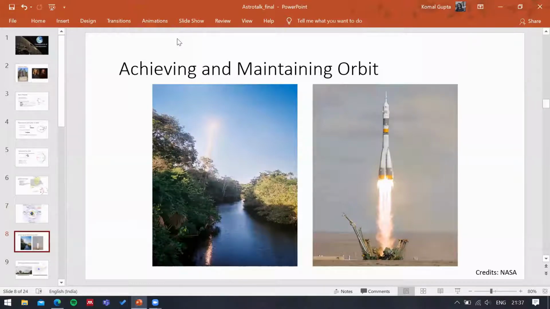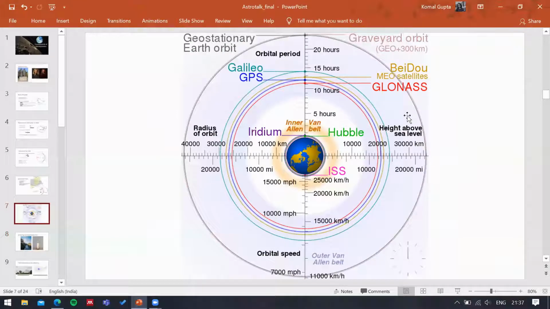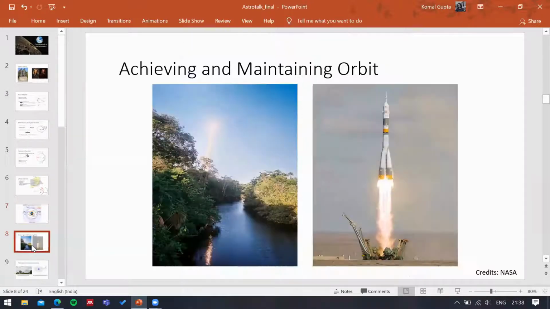It also depends on the altitude and the inclination of the desired orbit. High orbits require a lot more energy than low Earth orbits, because you're trying to put your satellite further away from the Earth, and that will take more energy because you're trying to get further and further away from the Earth's gravitational effect, the gravitational well.